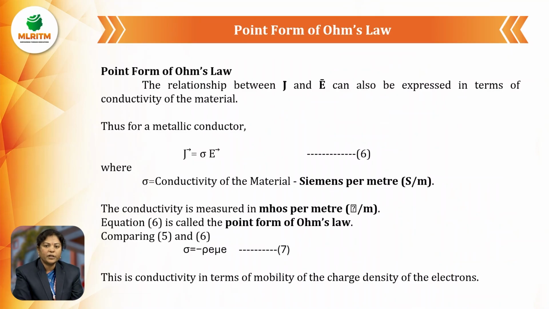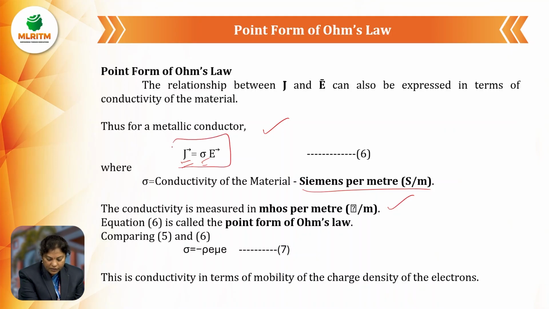Next, point form of Ohm's law. From this relation between current density and electric field intensity, for a metallic conductor we can write current density J equals sigma into E, where sigma is the conductivity of the material. The unit of this is Siemens per meter, so conductivity is measured in mhos per meter. Here J equals sigma E is nothing but the point form of Ohm's law.